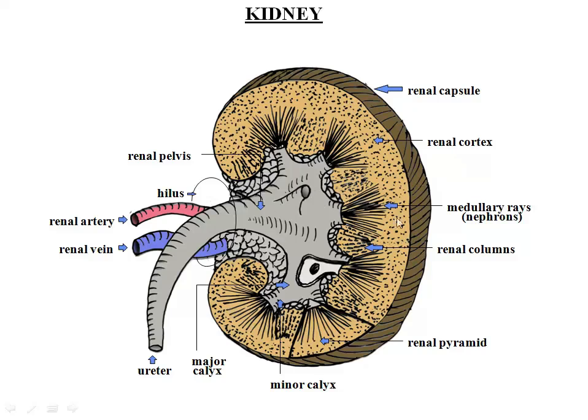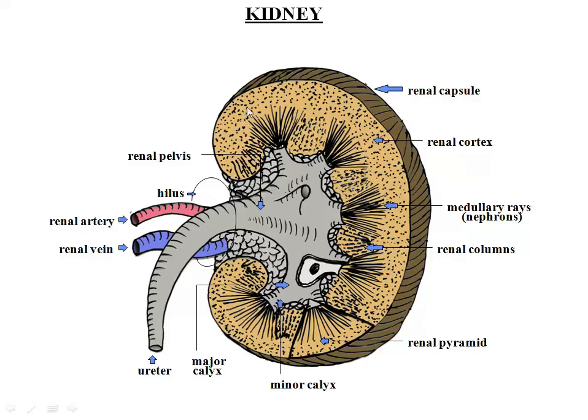Within the orange color only, you will see two distinct zones. Somewhere you will find these striations, which are called medullary rays, and that is the actual site of a nephron, and these are the renal column, and this entire portion which comprises these medullary rays and renal column is called the medulla portion.